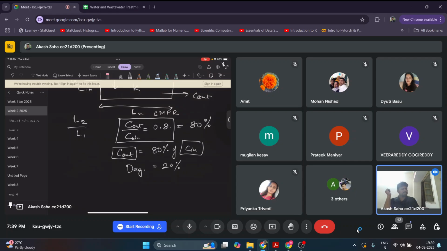For any CSTR or PFR, we have derived some equations, right? So what equations have we derived? For what have we derived the equation?